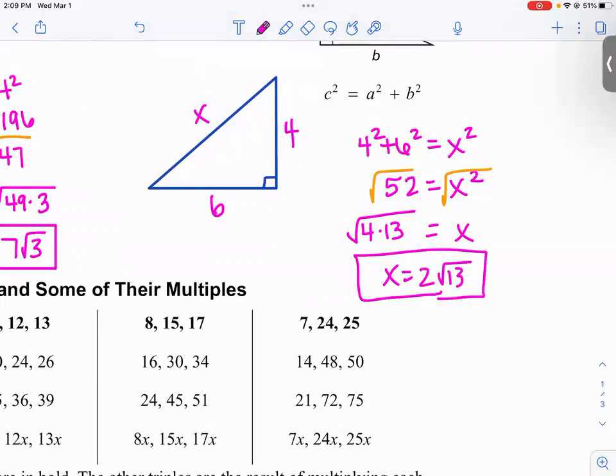I have a question. When we were doing the Pythagorean theorem earlier, if we put a radical, would you accept that rather than a decimal? Okay, in this chapter, I want reduced radicals for your answers.